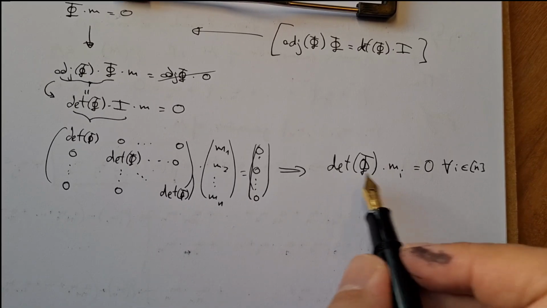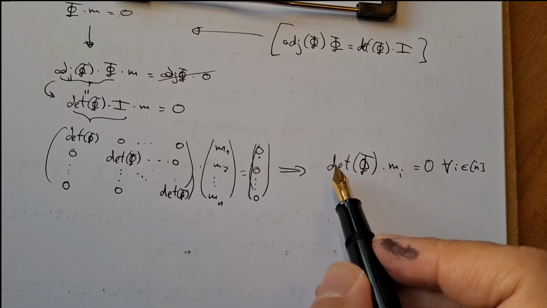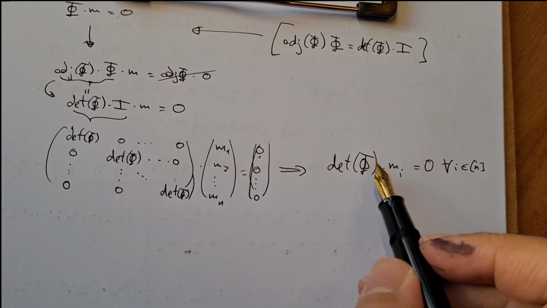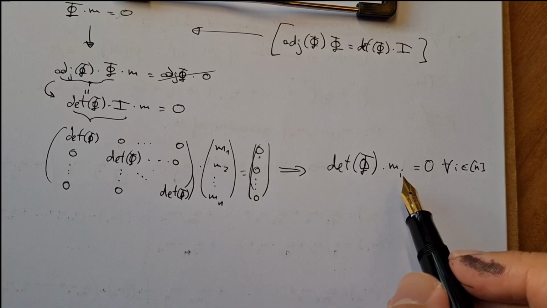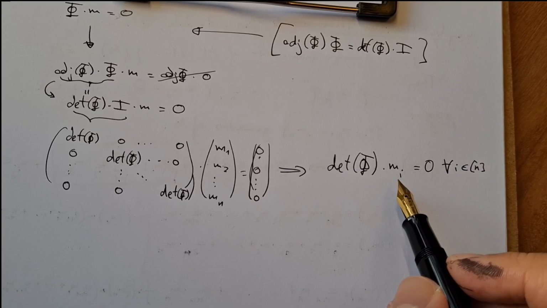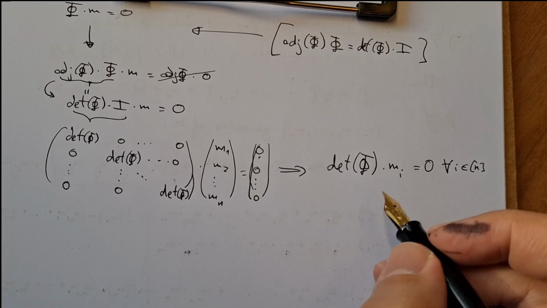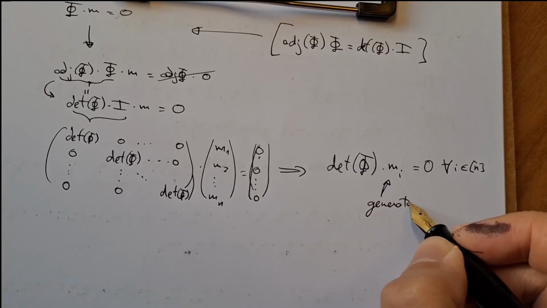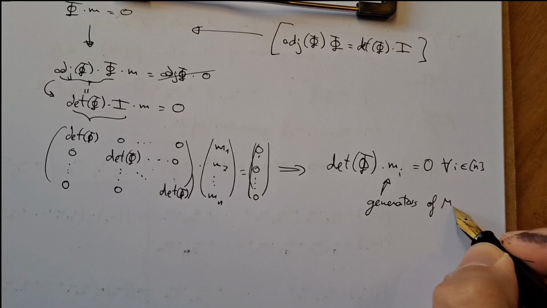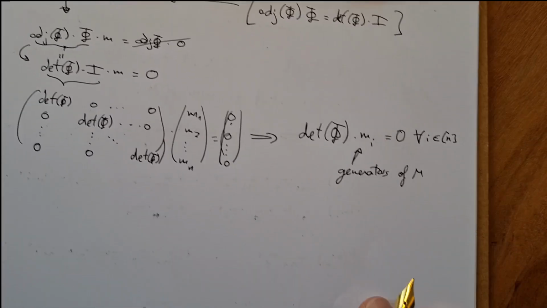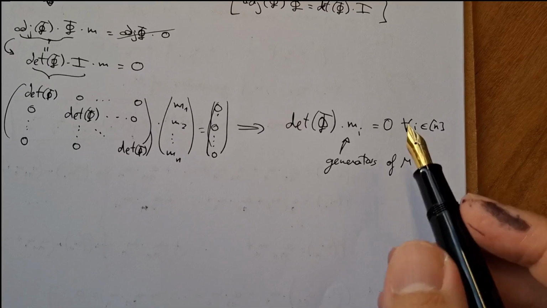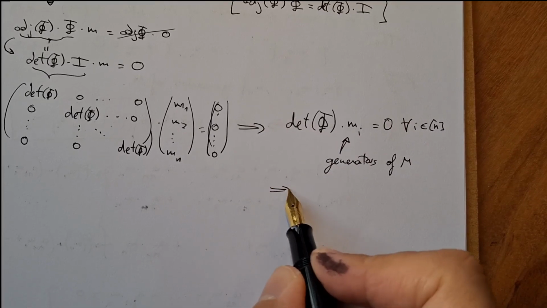So what we see here is that the determinant of the previous matrix, psi, is what we call the annihilator of the m sub i's, which are the generators of the module M. So let's write it.